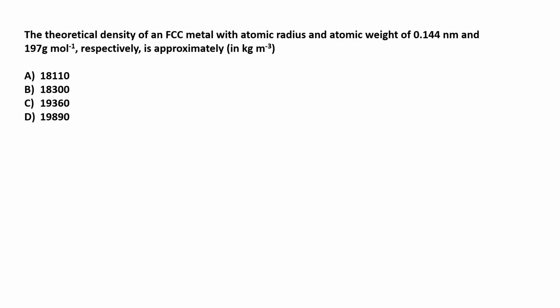The question is: the theoretical density of an FCC metal with atomic radius of 0.144 nanometer and atomic weight of 197 gram per mole respectively is approximately. So we have an FCC metal and we need to find the density. To find the density we need mass and volume.